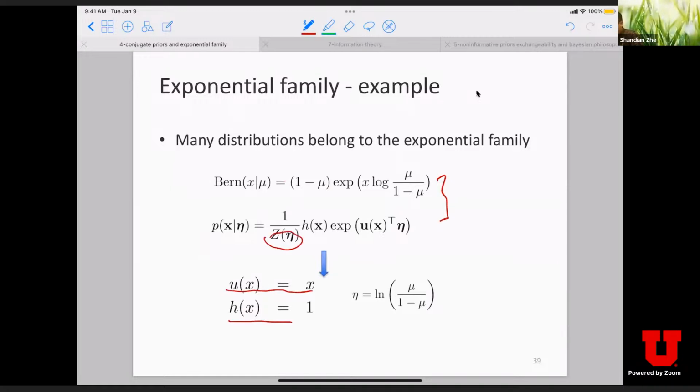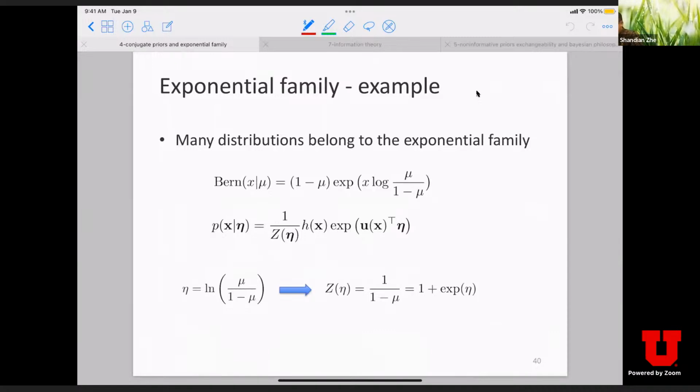And for the normalizer, let us first look at the natural parameter eta, which is the logarithm of mu over 1 minus mu. And then Z(eta), we know, is 1 over mu. But as we mentioned, in the exponential family distribution we want to represent the normalizer Z in terms of the natural parameters. So now we know that the natural parameter is essentially a transformation of the mu parameter.